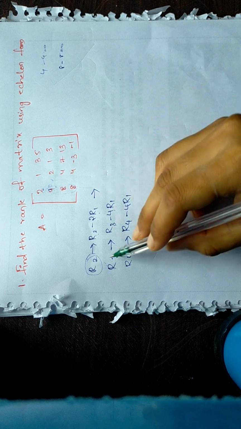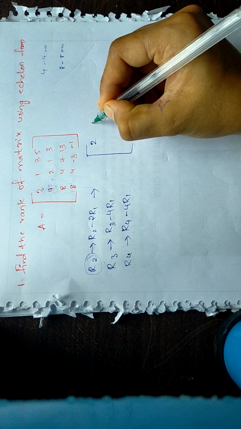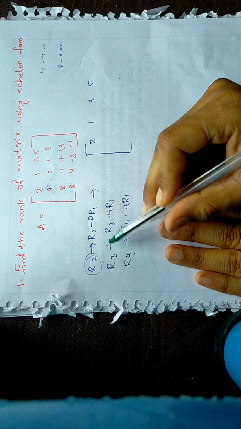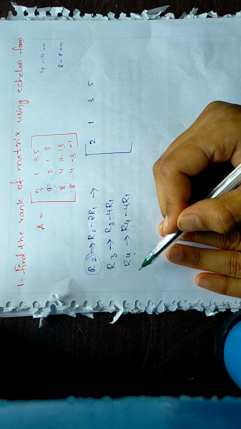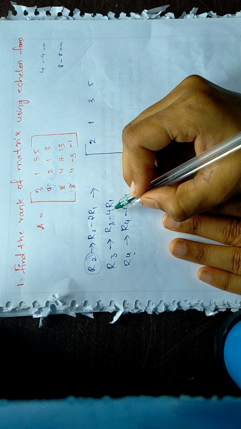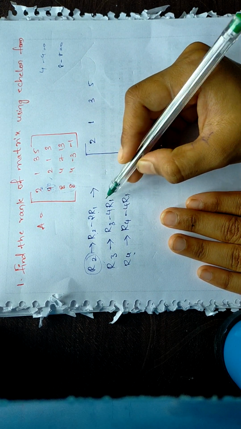Now after doing all these operations, for row 1 we are not updating anything, so write row 1 as it is. Also remember that here I am updating row 2, row 3, row 4, all three in one operation, writing it at once. But if you carefully observe, I am using only R1, right? 4 R1, 4 R1, 2 R1.